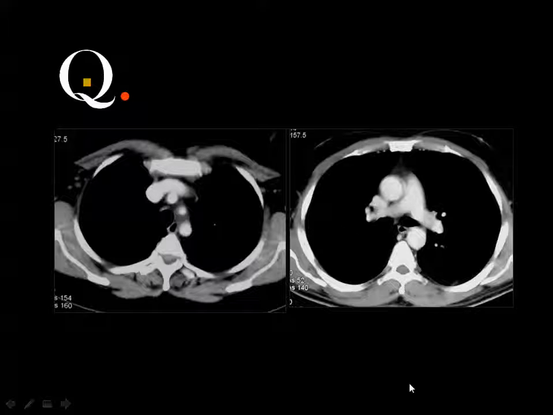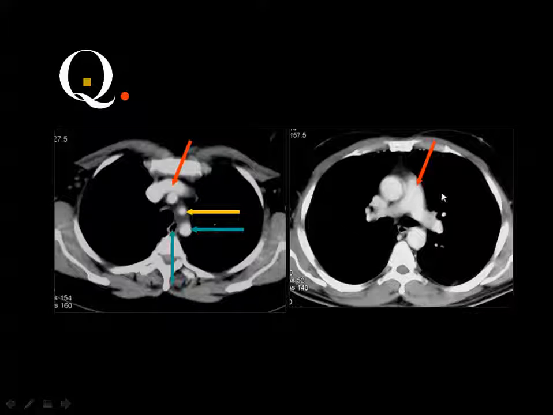Okay, I hope you remember the mediastinal anatomy, and we will revise it quickly. And you see this is the brachiocephalic vein on the left side crossing the midline to join the right one. And of course, this will be the left subclavian artery, and this is the left common carotid artery, and this is the esophagus.